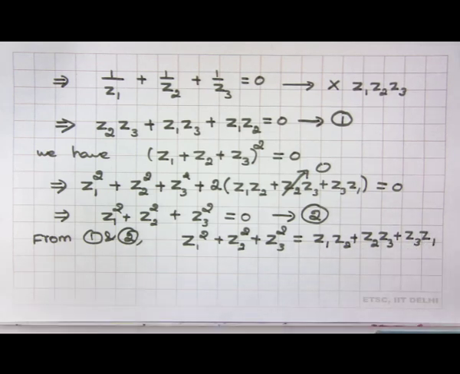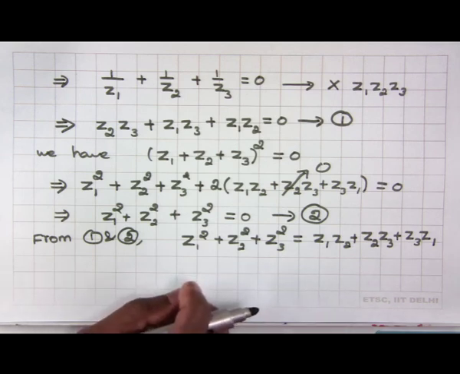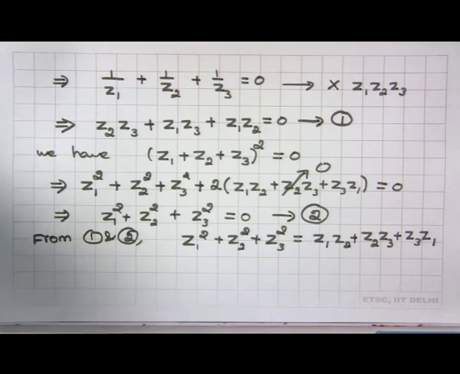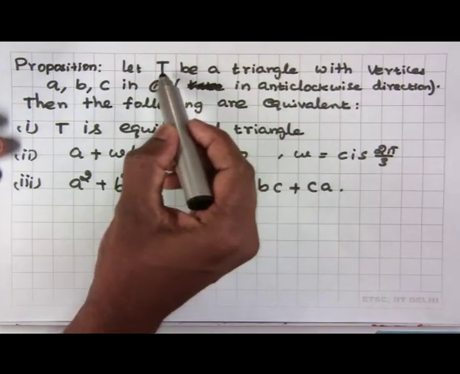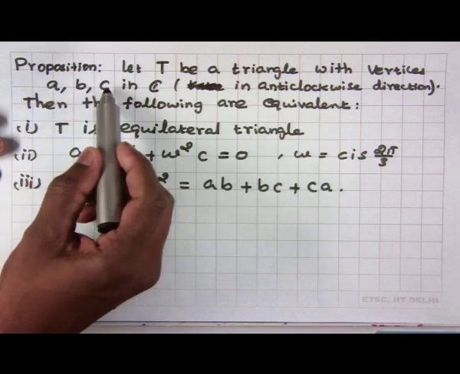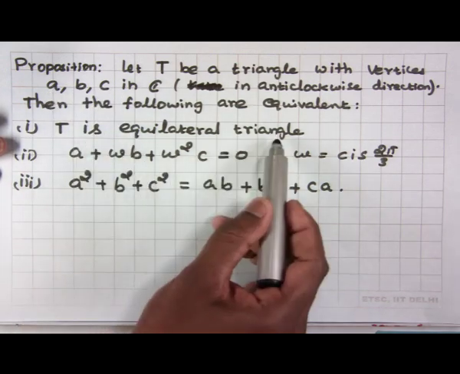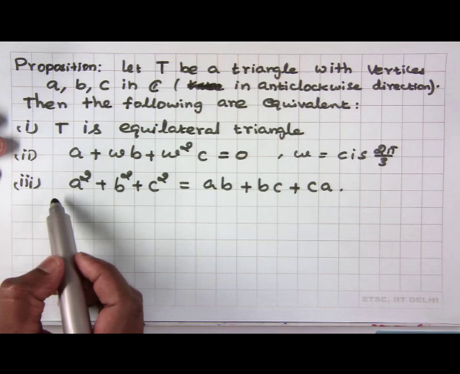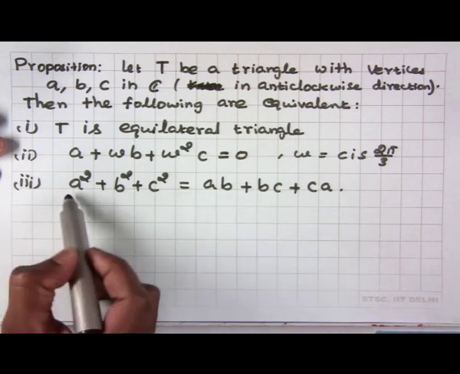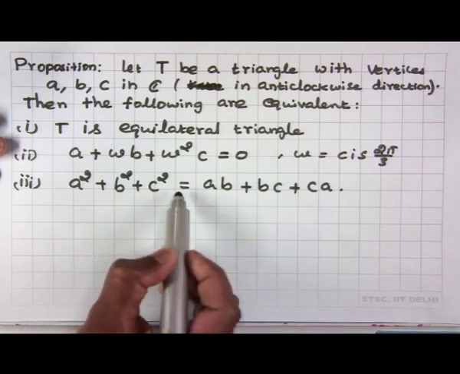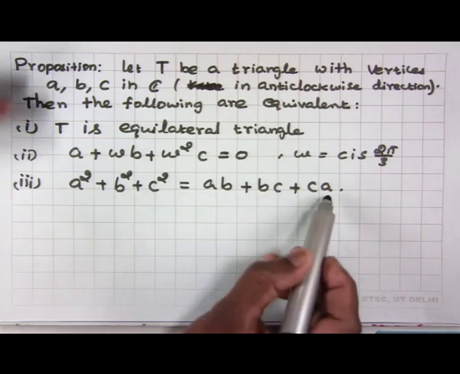Now, let us recall the proposition which we proved earlier: if you have a triangle with vertices A, B, C, it is an equilateral triangle if and only if it satisfies the equation A square plus B square plus C square equal to AB plus BC plus CA.